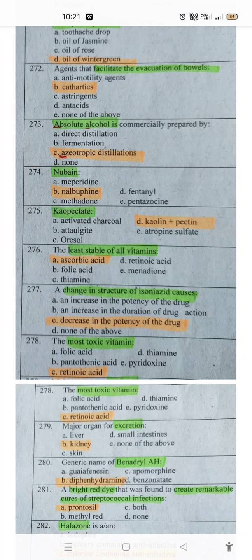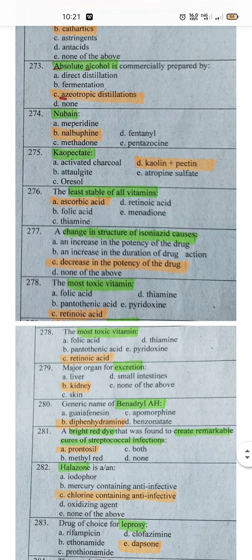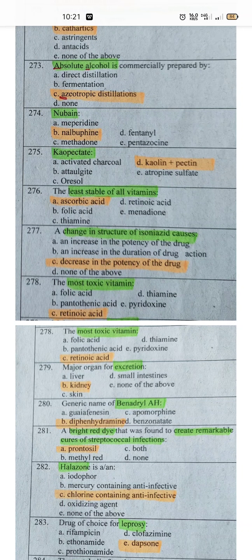So, again, your ascorbic acid or your vitamin C is the least stable of all vitamins.